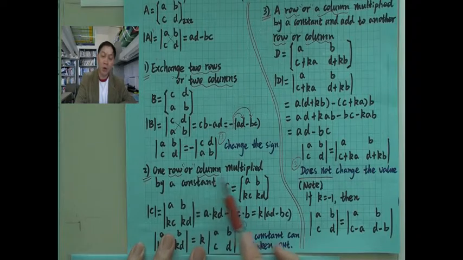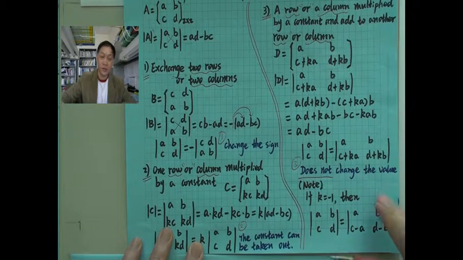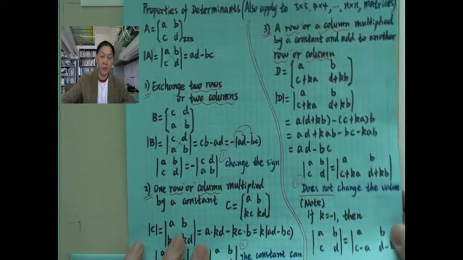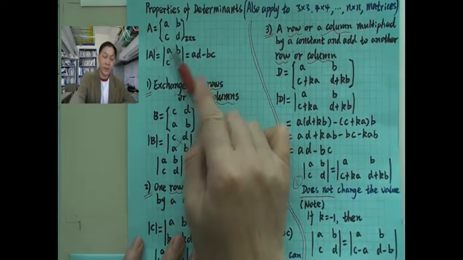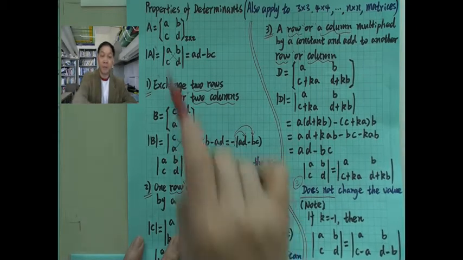Now, one row or column multiplied by a constant. What's the meaning of that? Look, what's the difference between matrix A, A B C D, and this one?